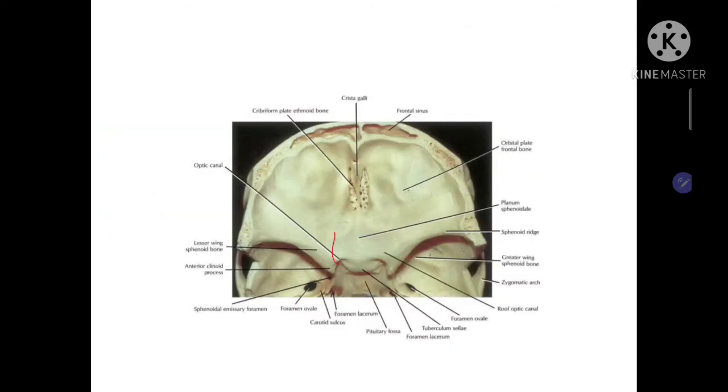From anterior to posterior, in the anterior portion of this surface we're going to find a quadrilateral and smooth area. It's called the jugum sphenoidalis.